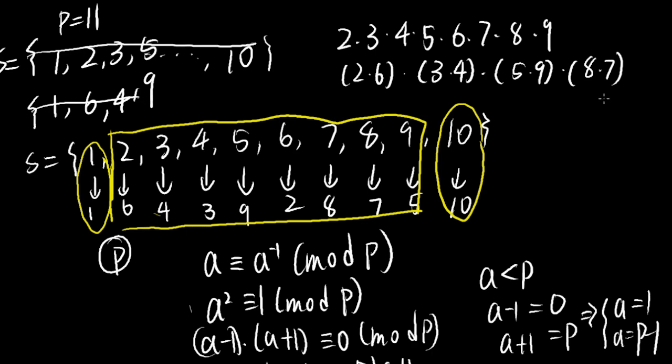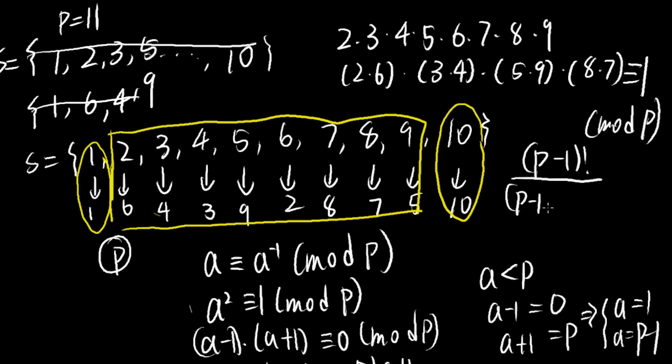All of them equal 1, which means that when we consider p minus 1's factorial, besides p minus 1 and 1, it must be congruent to 1. You can prove this. You can change 11 to any prime and the situation is essentially the same.